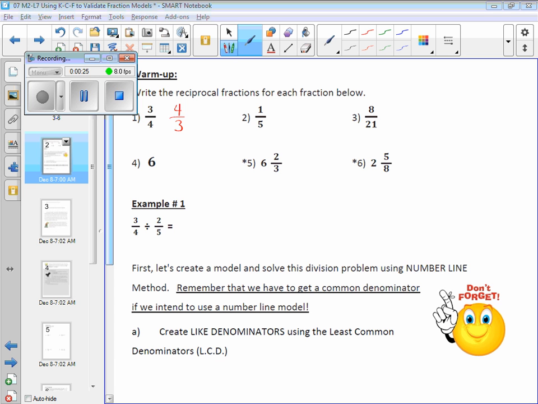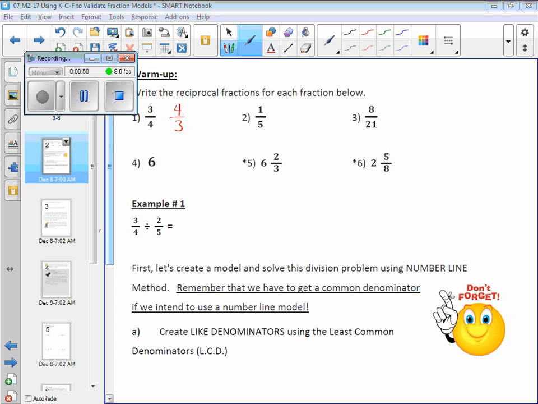The definition of what a reciprocal fraction is. Ready? Listen carefully and see if you can figure out why 4/3 works. According to the definition, a reciprocal fraction is a fraction that when you multiply it by the original fraction, the answer is 1.